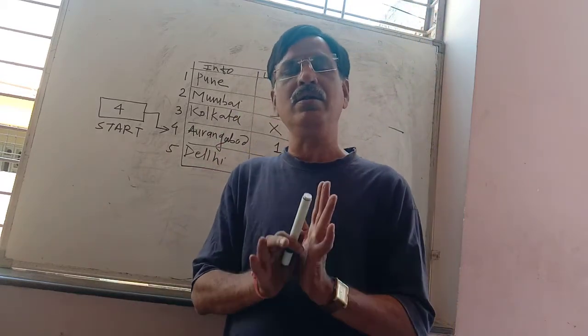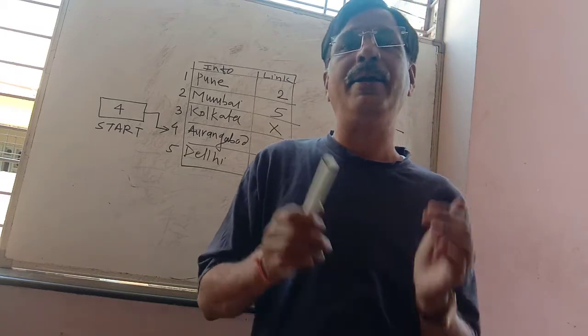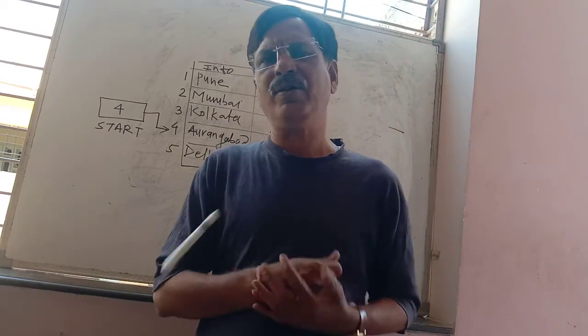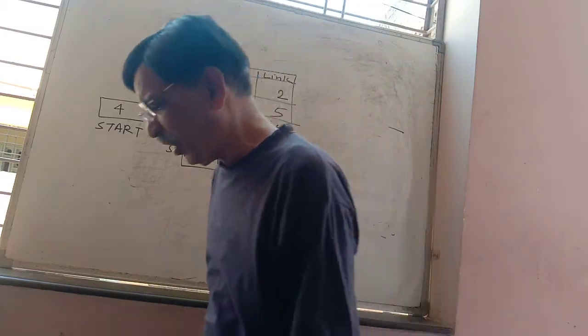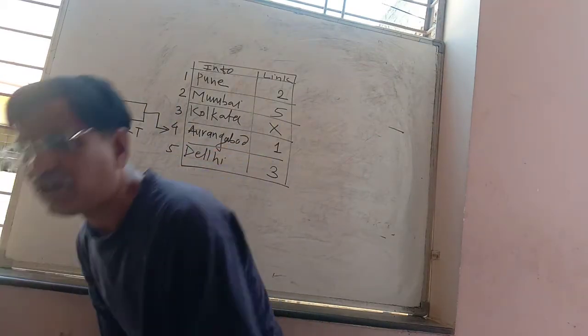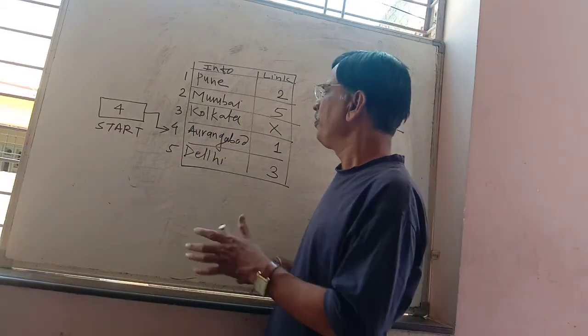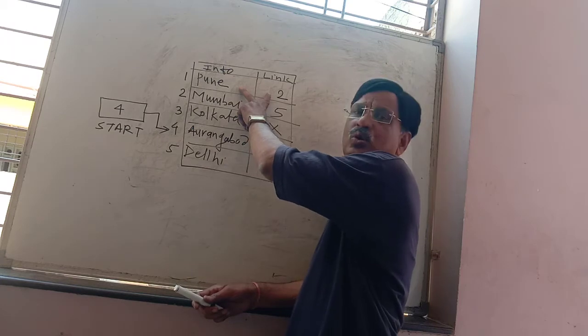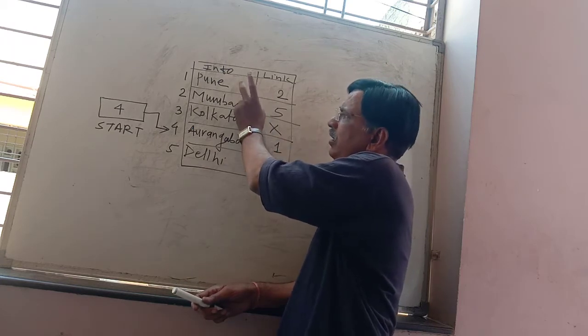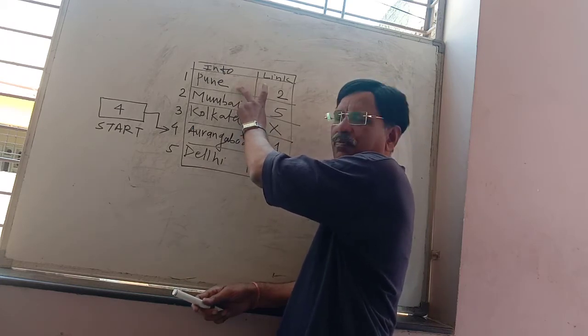So this is the basic difference between linear list and linked list. A linear list is a collection of elements where every element is referenced respectively by an index set, whereas a linked list is a collection of nodes where each node is divided into two parts. The first part is an element, the second part is the address of the next element.